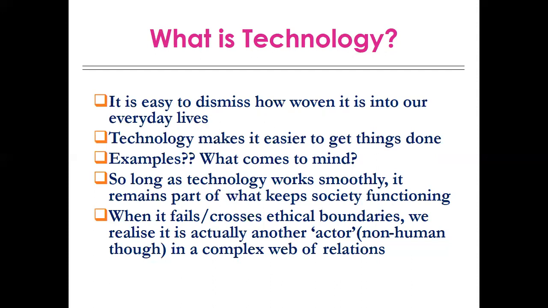And so it is very easy to dismiss how woven technology is into our everyday lives. We can all attest to that fact that even though technology has become part and parcel of us, it is very easy to forget it.